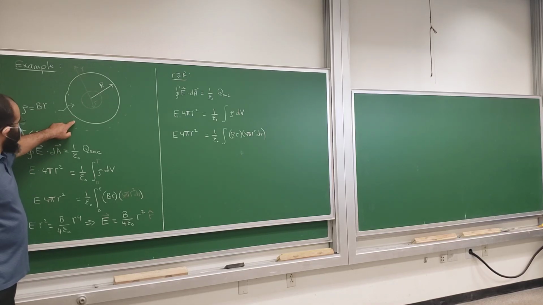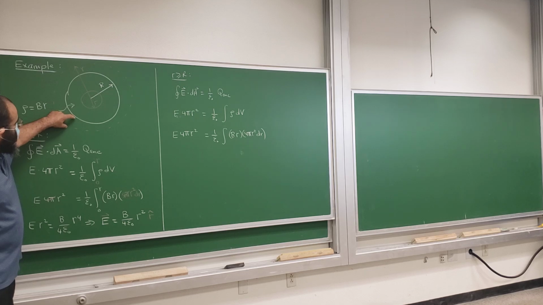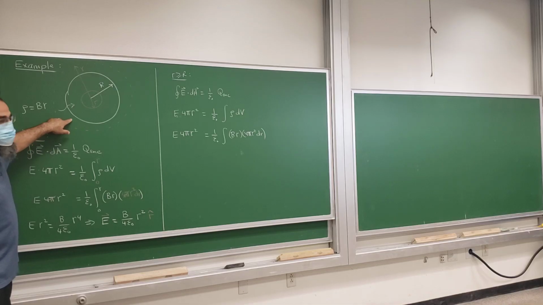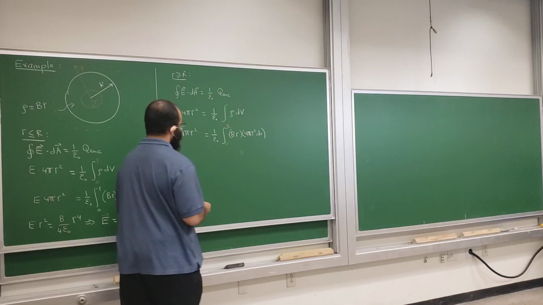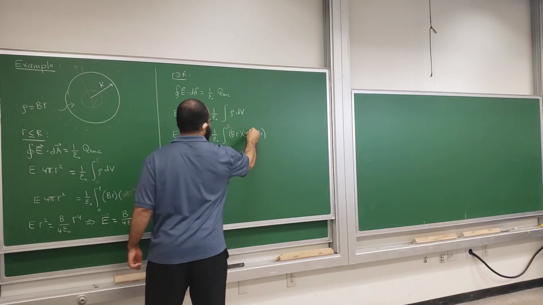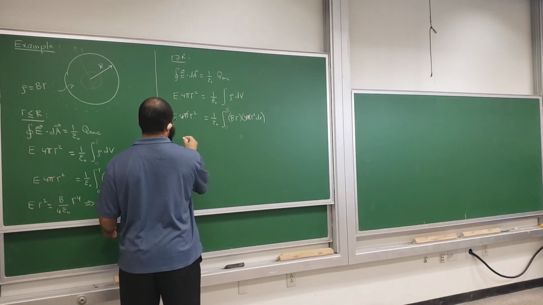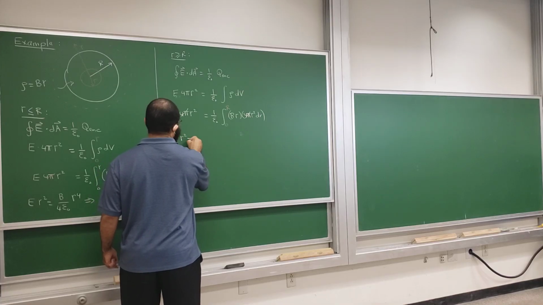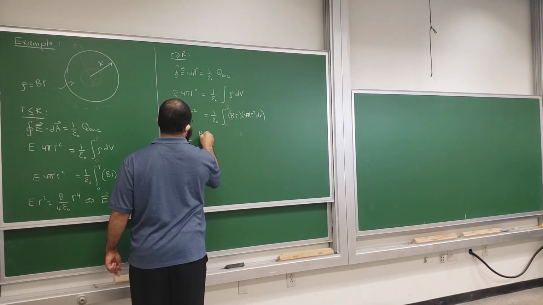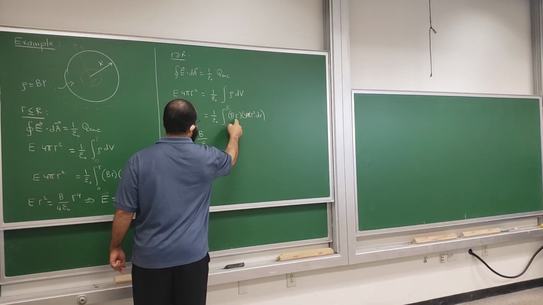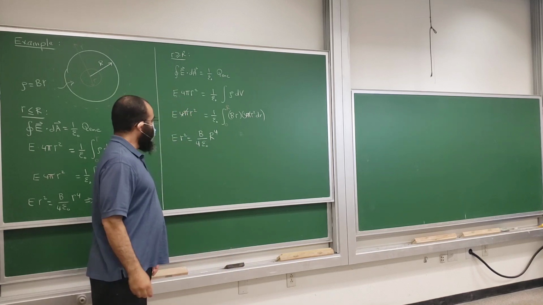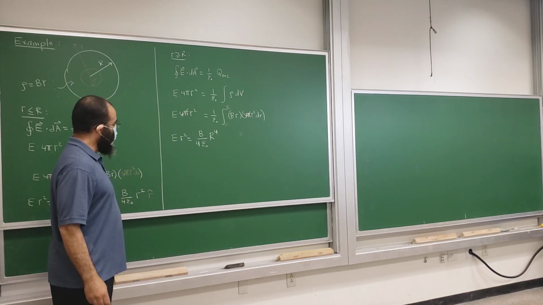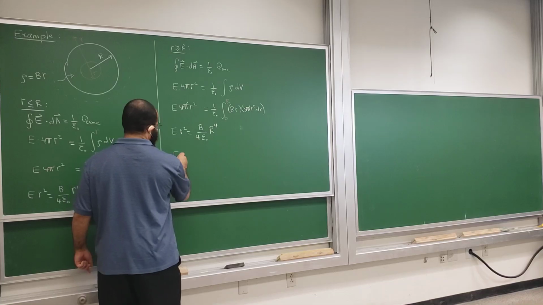From 0 to big R, because outside there's no charge. Here we have E times r squared equals b over epsilon. R cubed, when you integrate, you get r to the 4th, substituted from 0 to R.